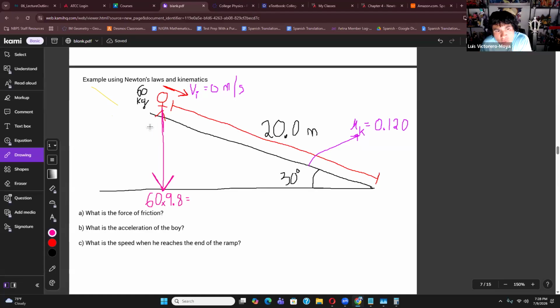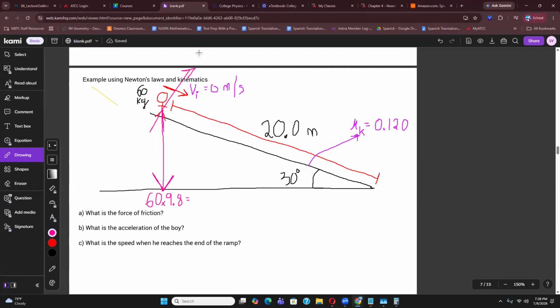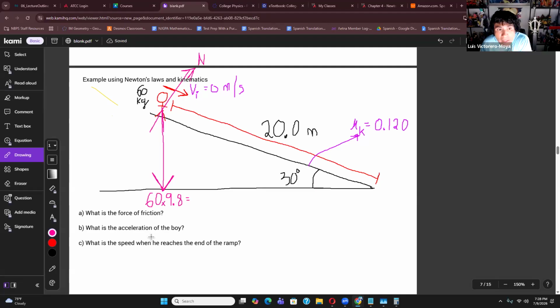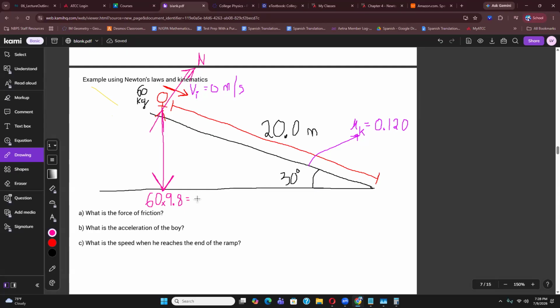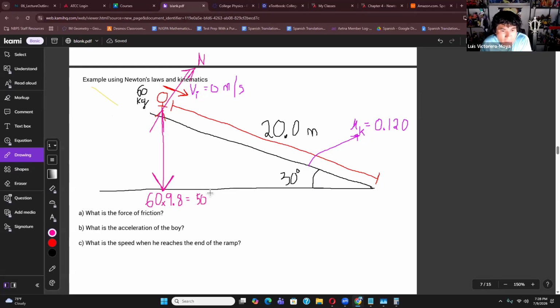A normal force, which is like this. 588 newtons. A normal or this? The weight. Well, it's 509, right? If you round it. 509 newtons.